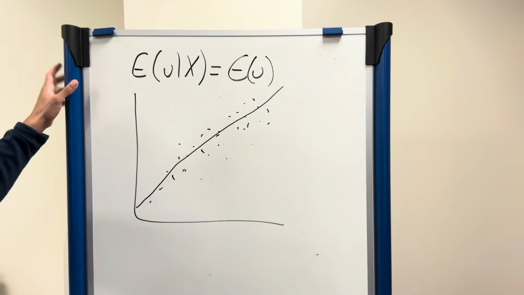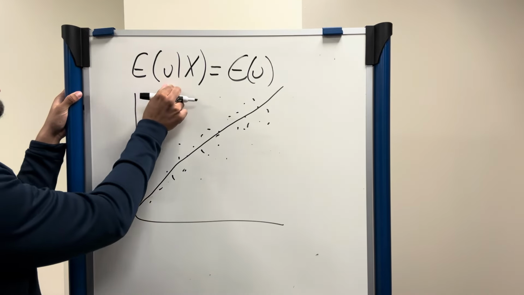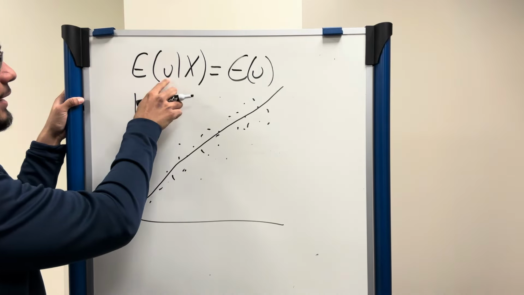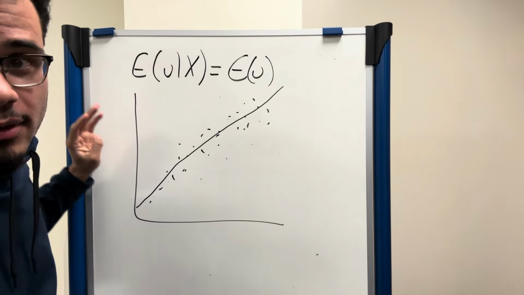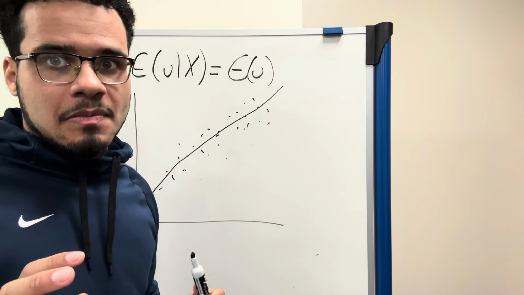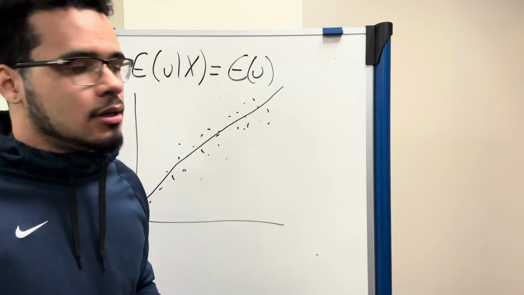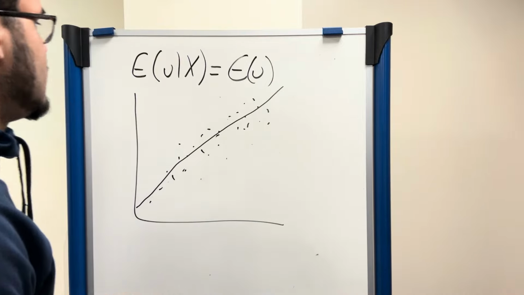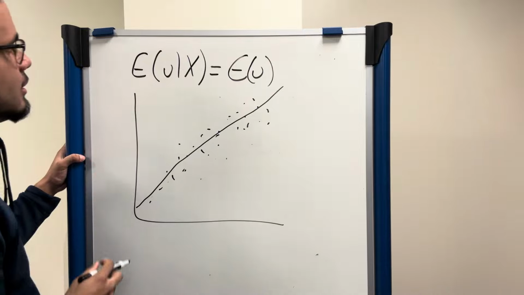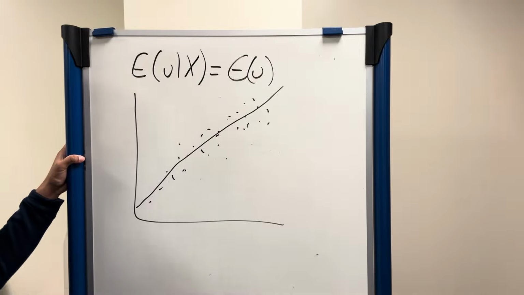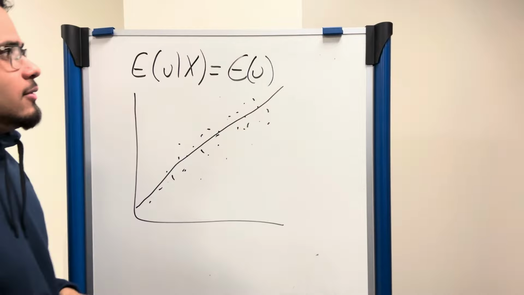For example, if u represents some of the things that could promote systematic bias, let's consider luck. Oftentimes, luck is a very intrusive variable that determines wages. Let's say the expected value of luck given maybe 2 years of schooling is just equal to the expected value of luck.